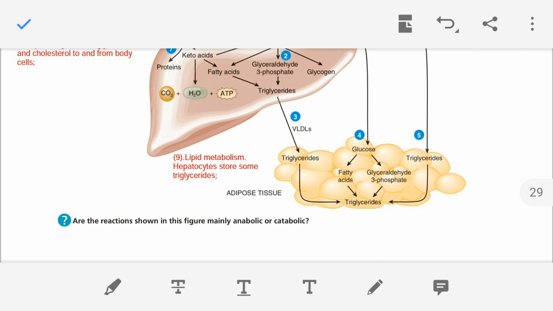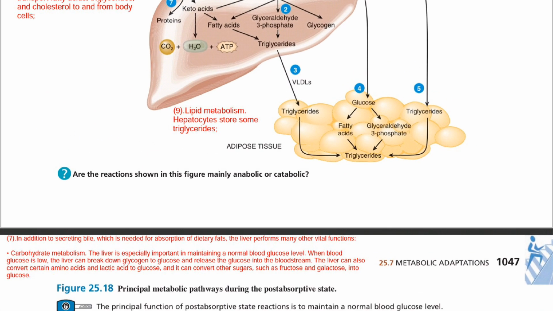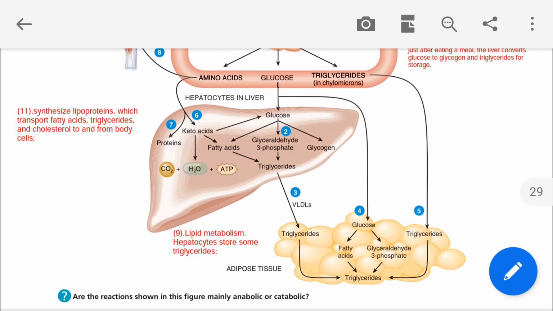Okay, so due to this adipose tissue in men, the tummy comes out, because the triglycerides are stored. So the more we eat fat, or the more we eat food, the more triglyceride is formed, and the more triglyceride is stored in the adipose tissue via the liver. So this was the 9th point.